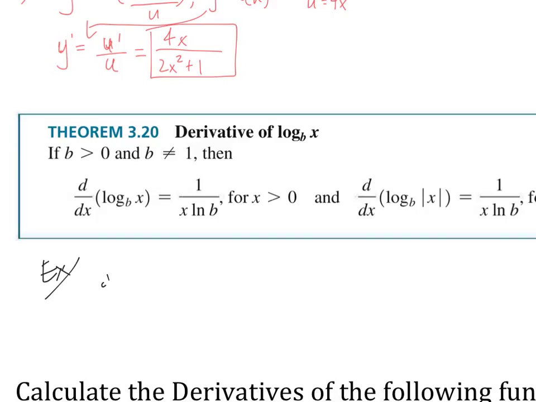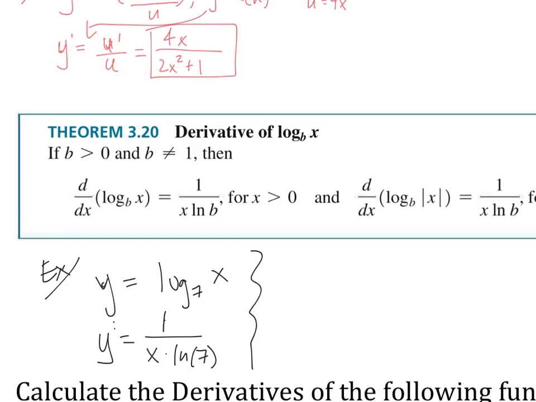Let's say that y is equal to log base 7 of x. If I wanted to find y prime, then I'm just going to get 1 over x times the natural log of 7.